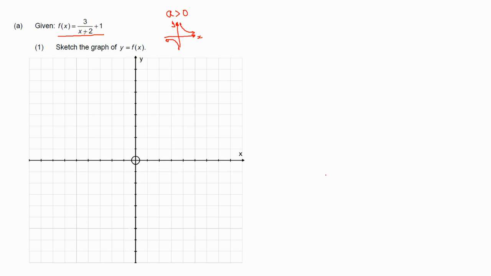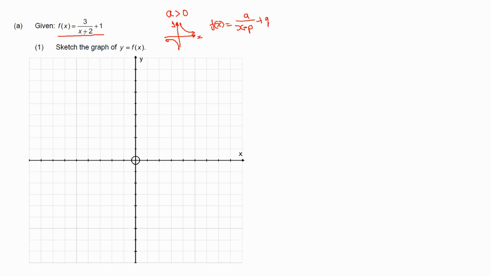Remember, we can generalize and say this equation is in the form f of x is equal to a over x minus p, or you can put plus here, plus q.